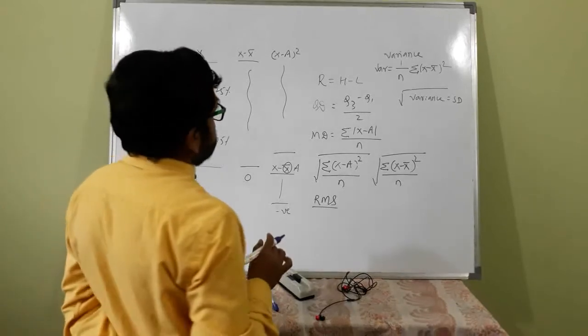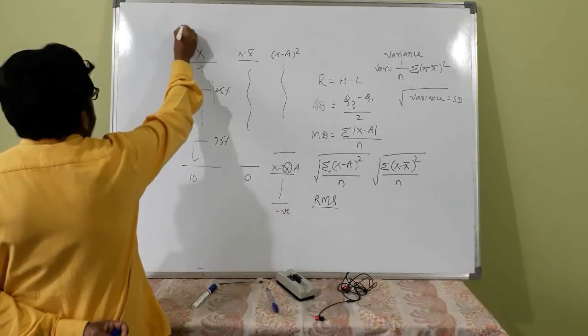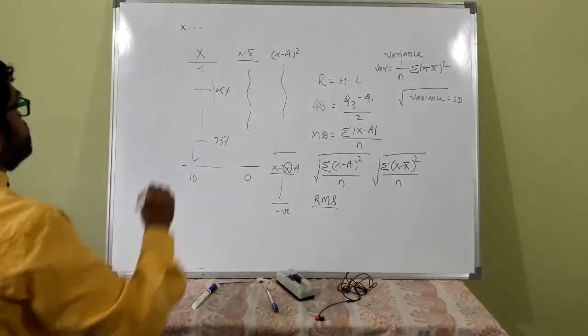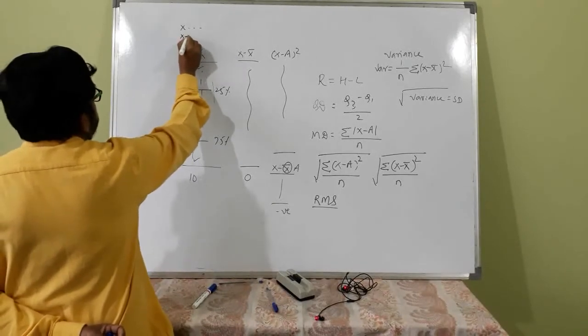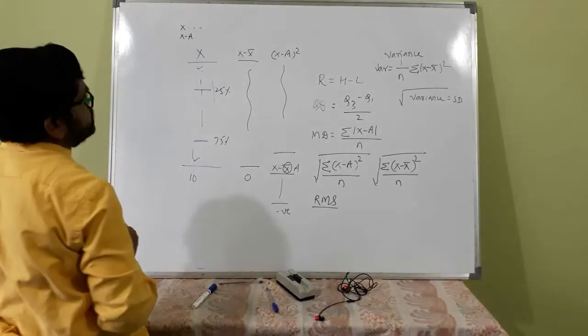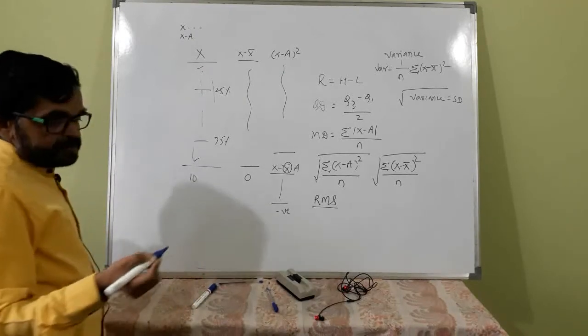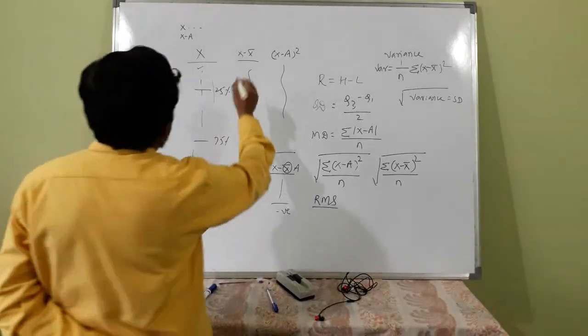Now, see, if there are some xi values, x1, x2, so on up to xn. If you take deviated values, x1 minus a, x2 minus a, x3 minus a, while computing arithmetic mean by shortcut method, we took deviations, no?